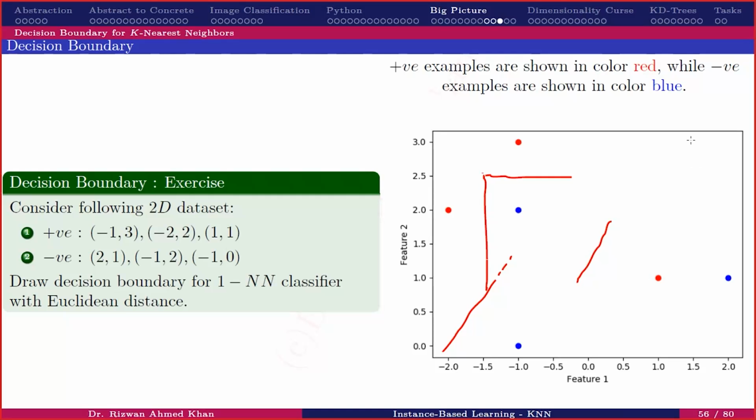This is very easy, like straight. And this is something like this. Right? Something like this kind of boundary it would make. Am I clear?